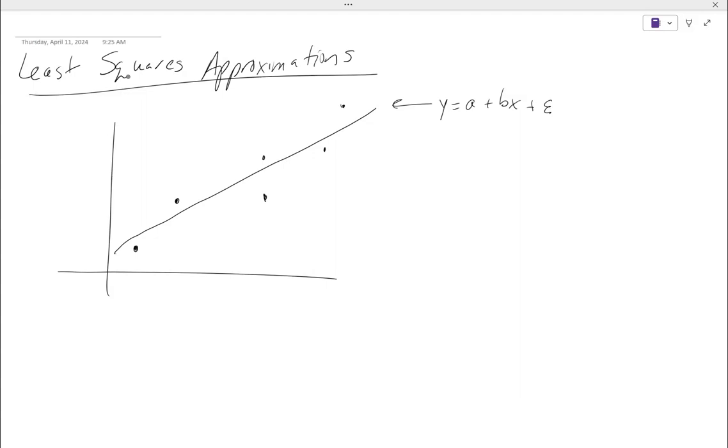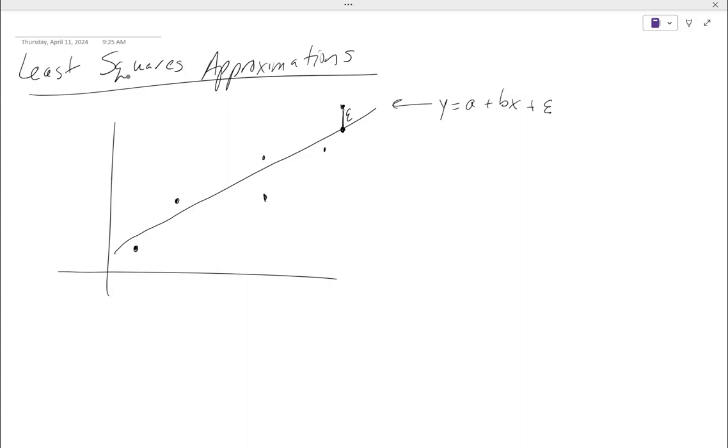So what I mean by this is that if I plug in this particular x coordinate at this point, this would be the approximation here on this line, right? So then the error would be that little bit.